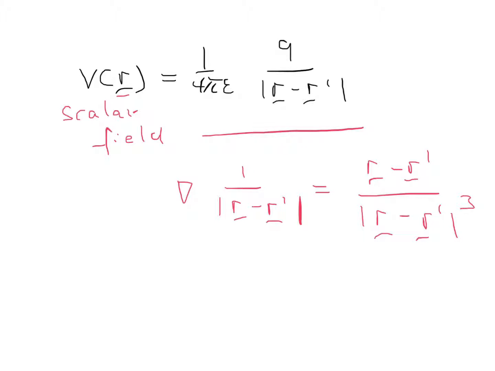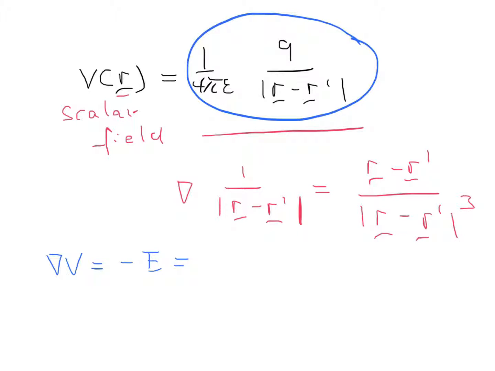If we carry out this operation, if we write gradient of V, then we know that that's equal to minus E, and if we carry out the gradient operation on the other side, on this, we find that E is equal to 1 on 4 pi epsilon, and sorry, I forgot a minus sign there, times Q divided by r minus r prime cubed times r minus r prime as a vector.